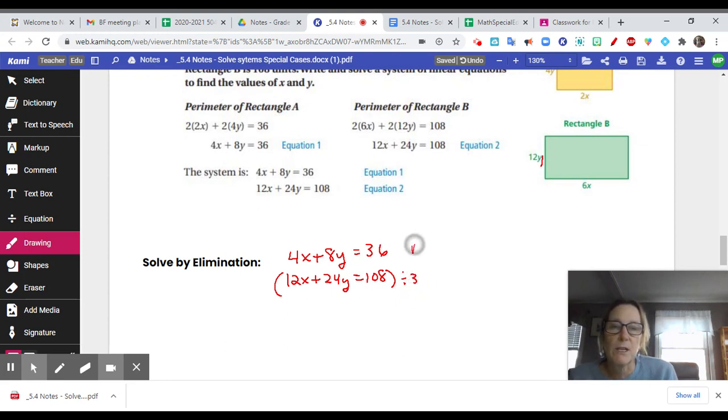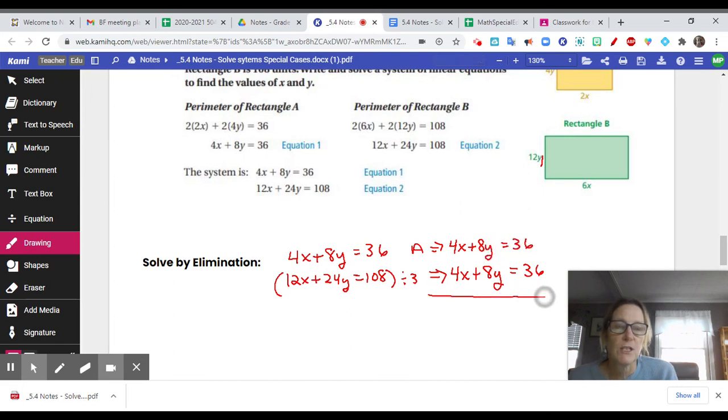So I'm going to keep equation A the same, and I'm going to change B. So I'm going to divide everything by 3. 4x plus 8y equals 36. And that's when I realized, wait a minute, I don't really have two distinct equations. It's really the same equation in disguise.